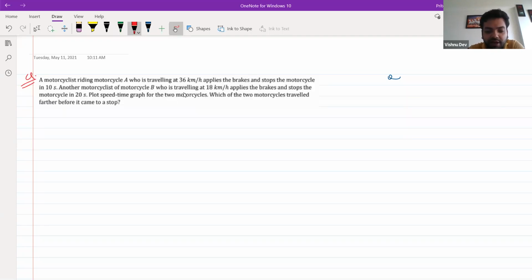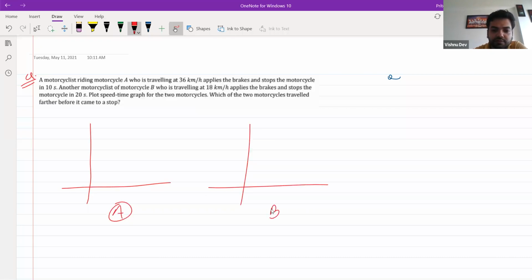You can tell me later on A or B. I'll just draw the responses here. Both will take the same distance.